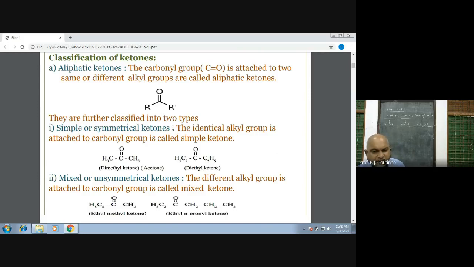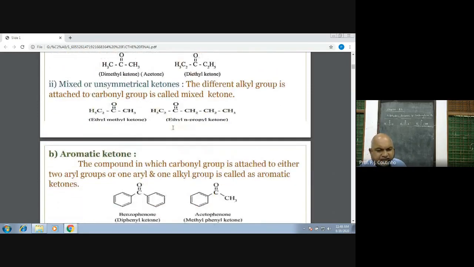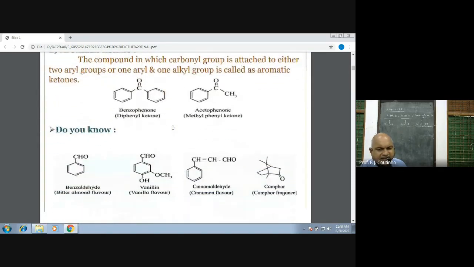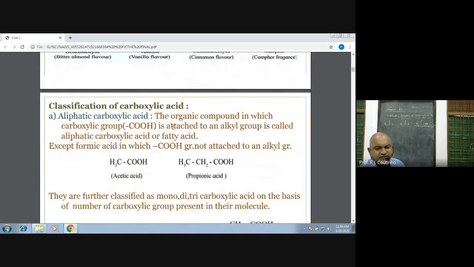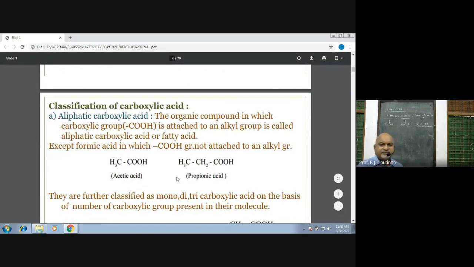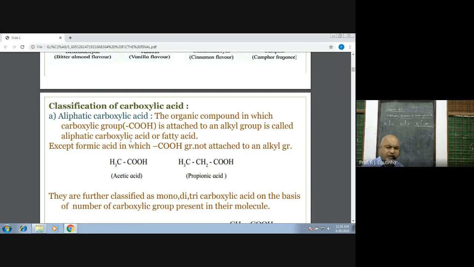If you study it better in the next slide, that is classification of carboxylic acid, understand this structure very well: aldehydes, ketones, and carboxylic acids. Now, aliphatic carboxylic acid. First, understand what is the general formula of carboxylic acid.